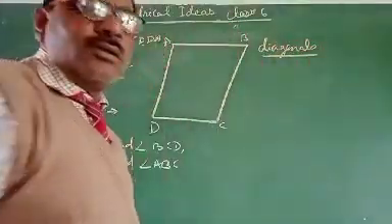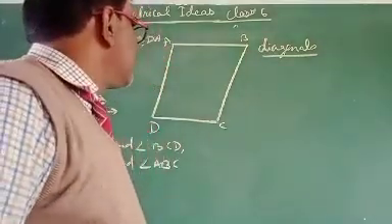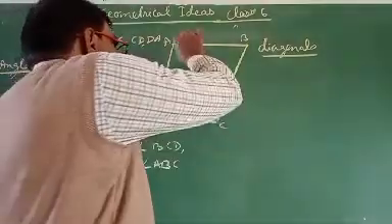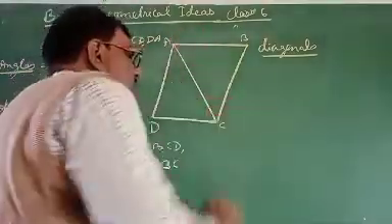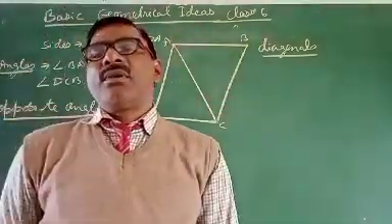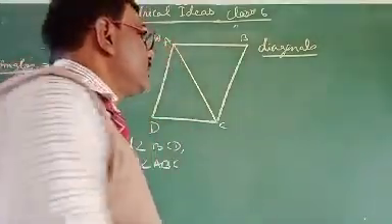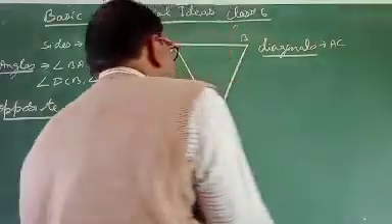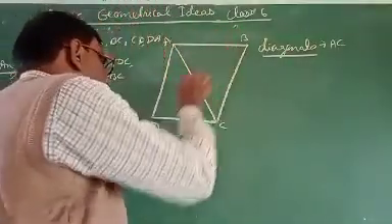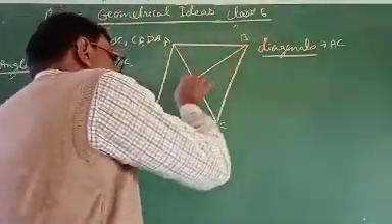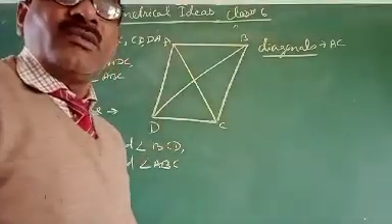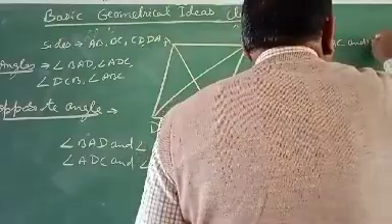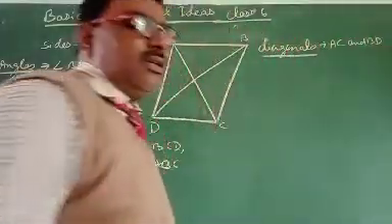If you join opposite vertices A and C, then line segment AC is called a diagonal. Therefore, one diagonal is AC. And if you join the opposite vertices B and D, then BD is also a diagonal.